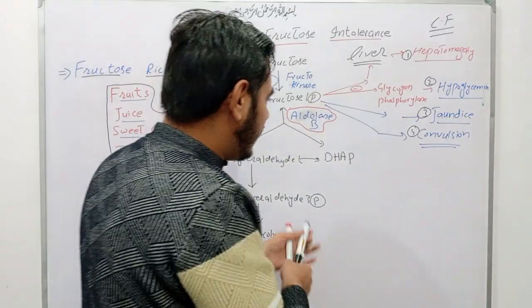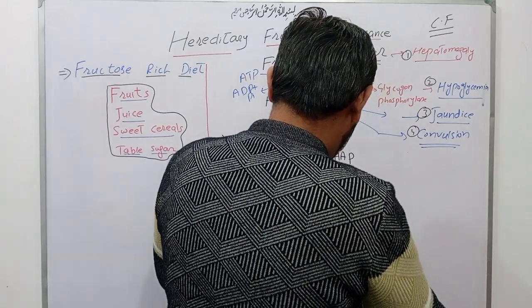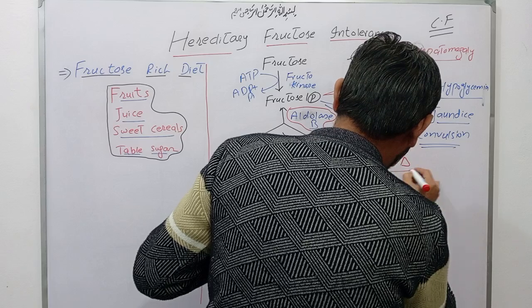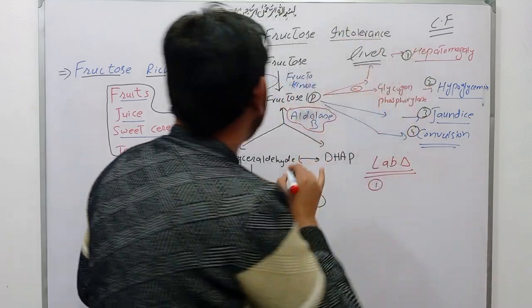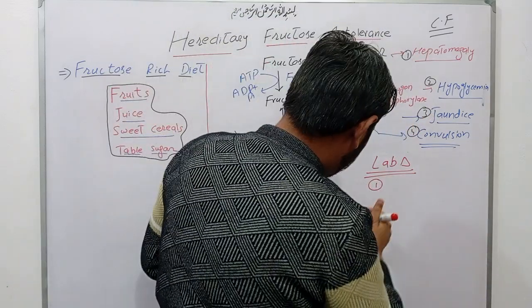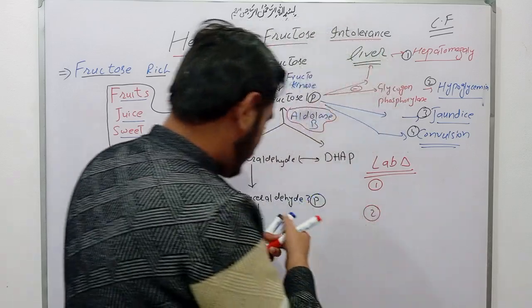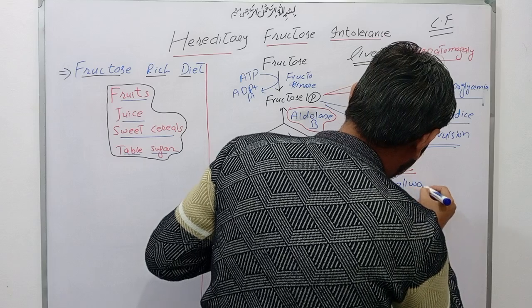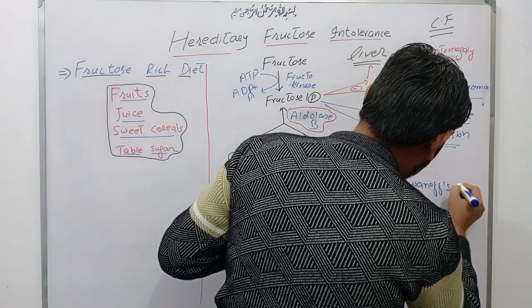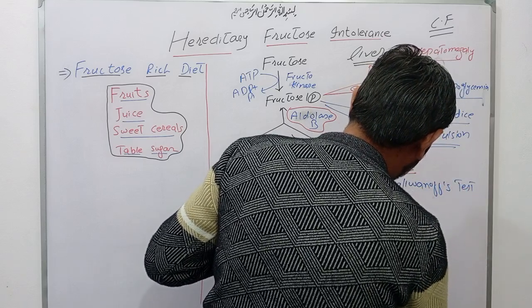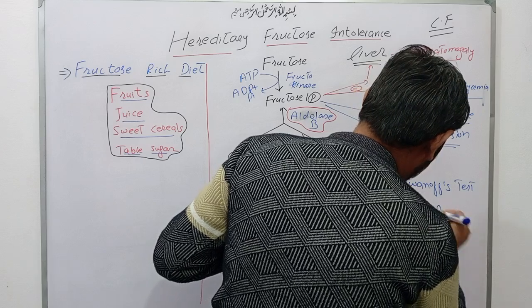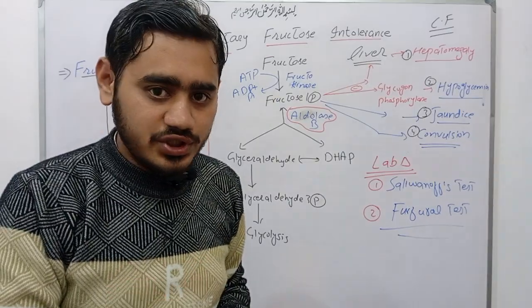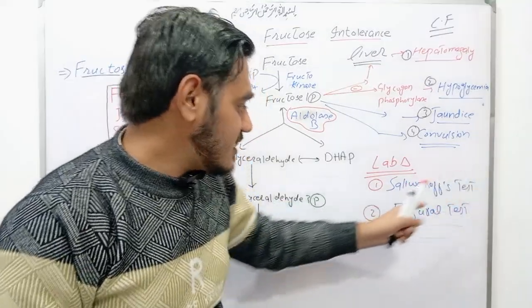Now coming toward the lab diagnosis. There are two tests for hereditary fructose intolerance, that are the Selivanoff test and the Furfural test.